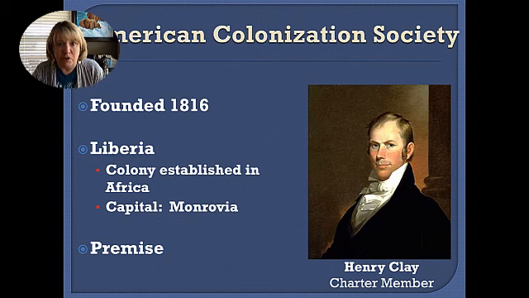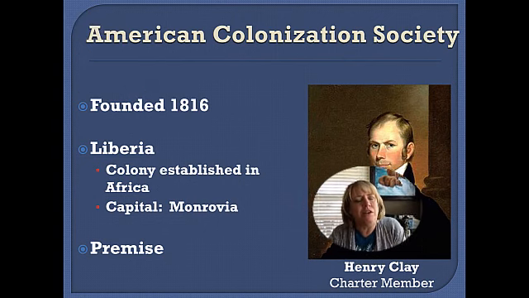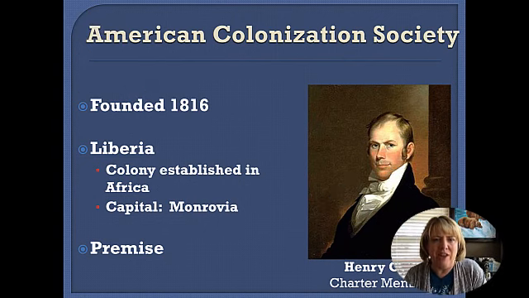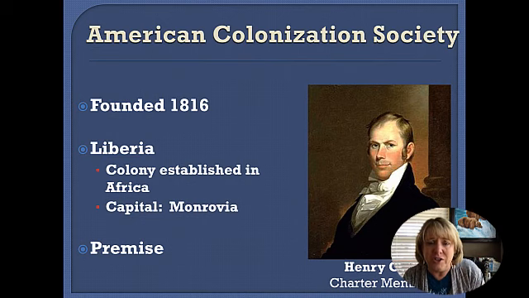With regards to the abolition movement, we've already seen a little movement towards that when we had the introduction of the American Colonization Society in 1816. Their premise was that we had these freedmen in our country due to the gradual emancipation that was taking place in the North, and they were going to give those freedmen the opportunity to leave America and go help colonize a new area in Africa.